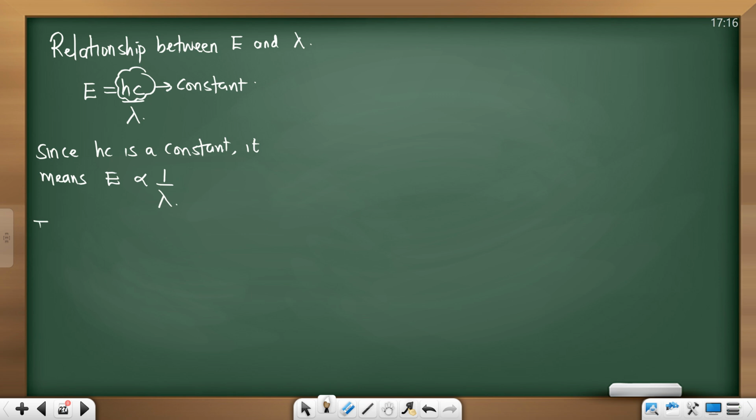What are we saying? The longer the wavelength, and I'm already explaining, the smaller the energy.